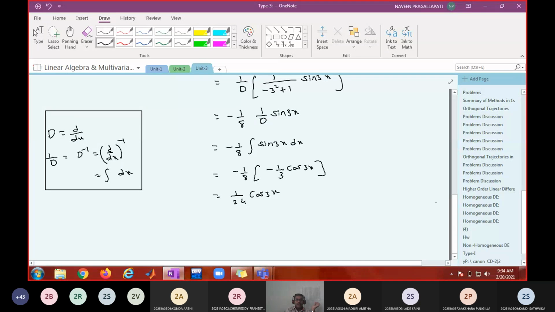Yes. Now if it is like this, suppose it is simply 1 by d cube plus 1 cos 4x, then what do you do? D cube plus 1 of cos 4x.